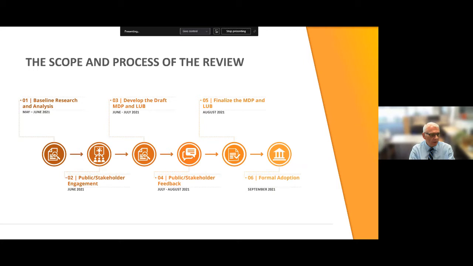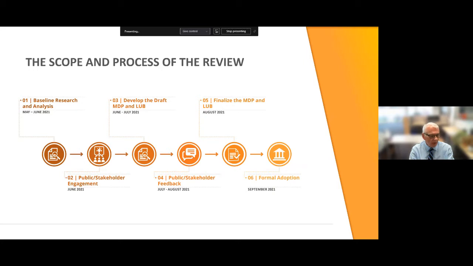So we've already begun the process of the baseline research and analysis. So this is where we look at the various documents that the county has provided us, existing land use plans, existing master plans, policies, planning documents that relate to their neighbors or in terms of how they do intermunicipal planning and so forth.